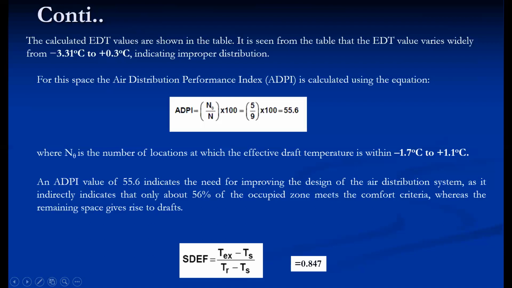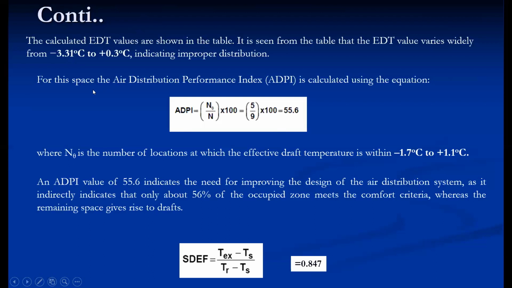In the table, all DBT values are given, and on the basis of that, the average value is obtained. The corresponding SDEF value comes around 0.847. So from all three values, we can say that the air distribution system is not effective, because the EDT range is high, the ADPI value is less, and the SDEF value is less than 1.